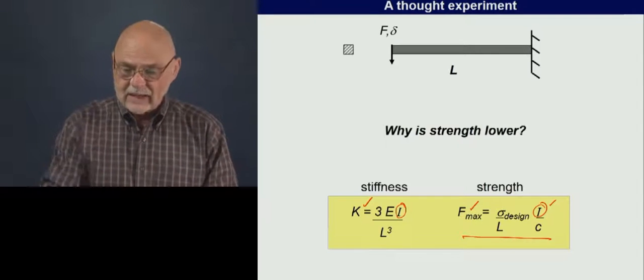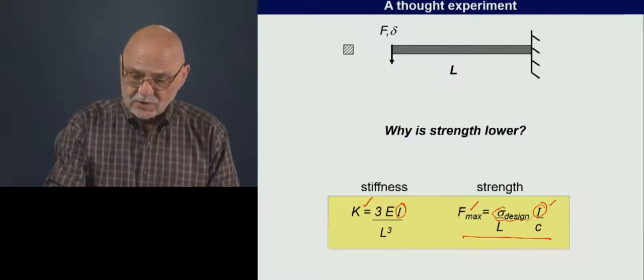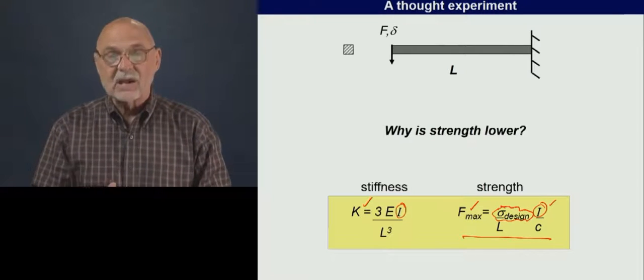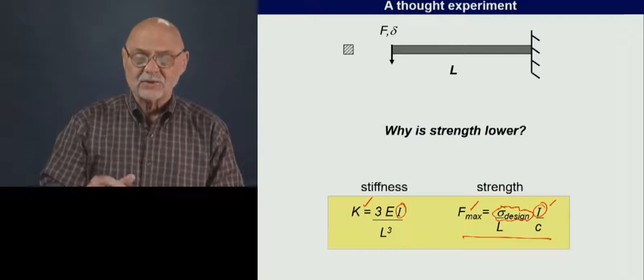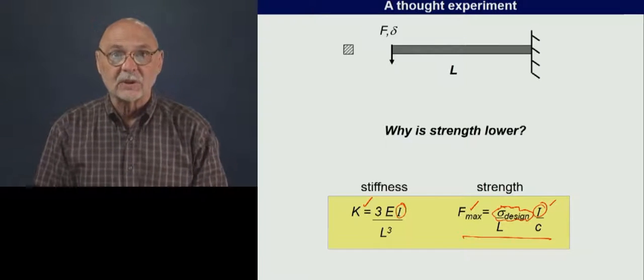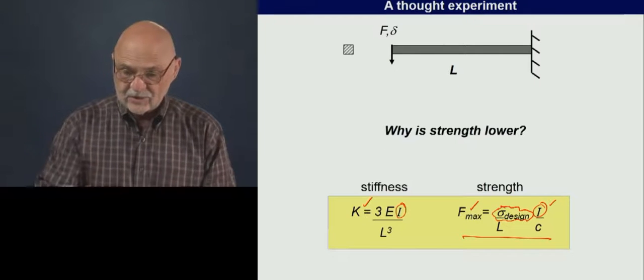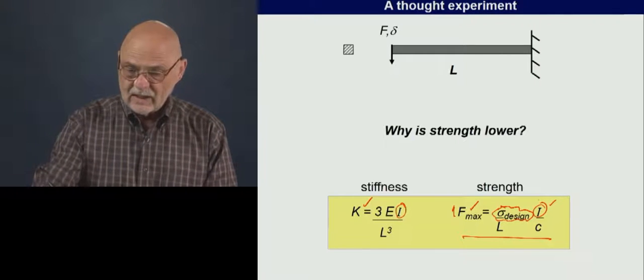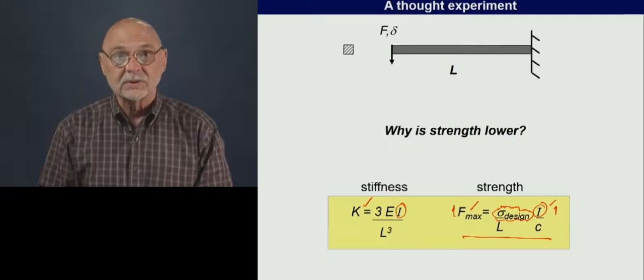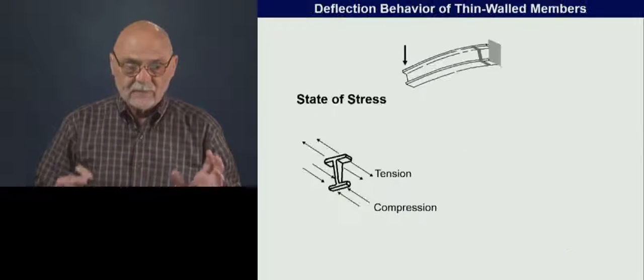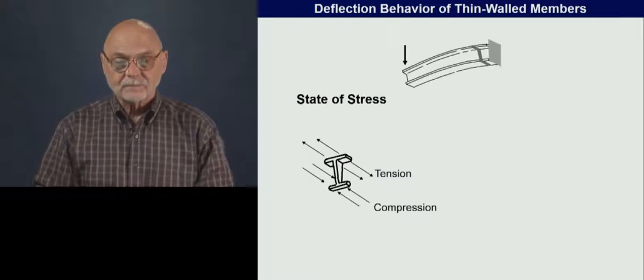What's happening is that the design stress is really changing. Generally, we say the design stress is the yield stress of the material, or maybe the tensile stress of the material, and if so, this should be increasing as we increase the moment of inertia. But what we're introducing with these thin wall designs is really a new mode of failure.